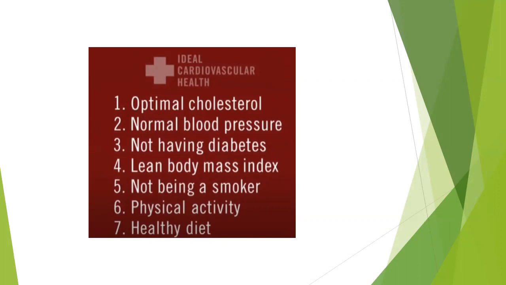You want your HDL to be high, and you want your LDL to be low. You want the low density lipids low because those are obviously what you don't want. You want the HDL to be high because those are the cholesterols that you do want.